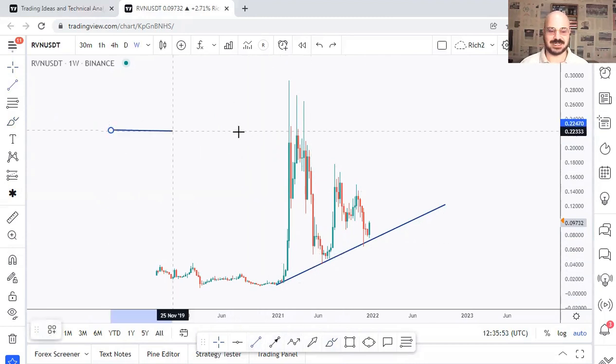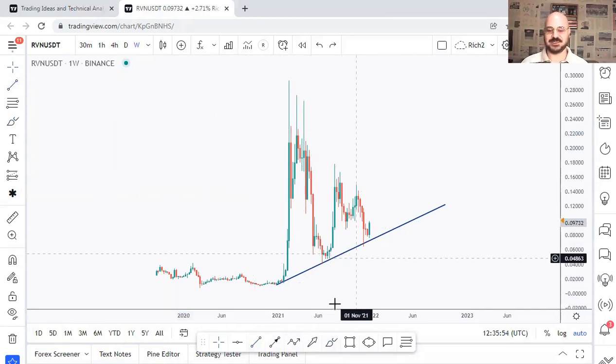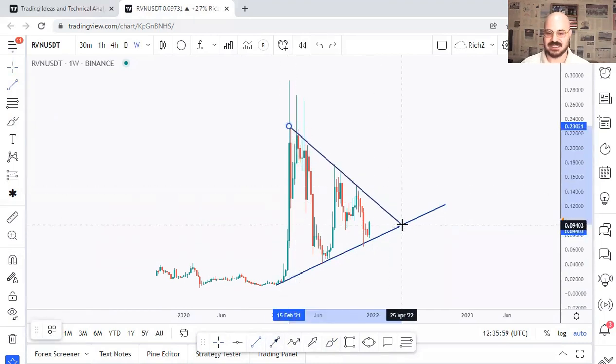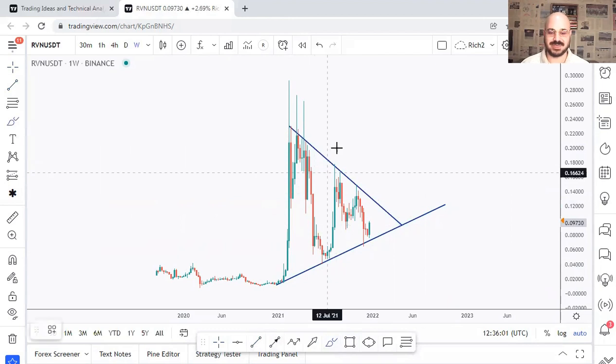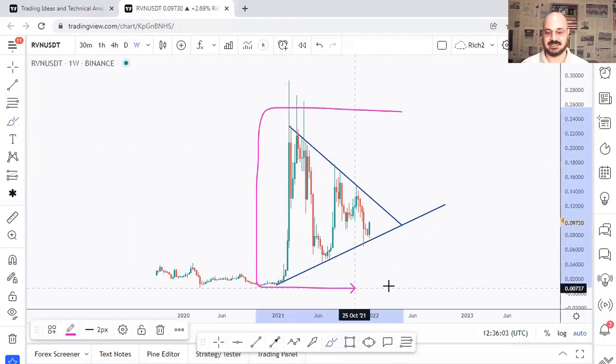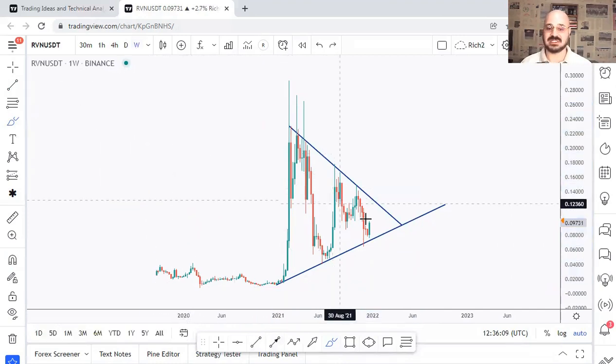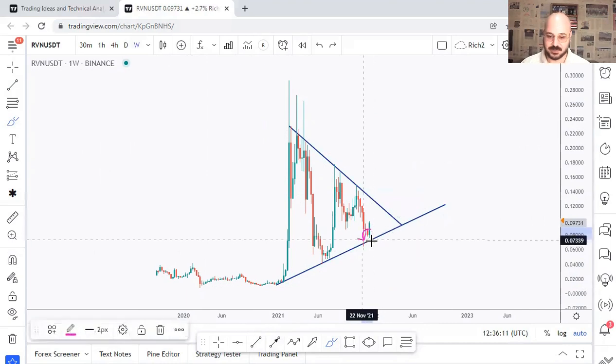We usually start by drawing our horizontal ones. But since we drew this one, and we also have a non-horizontal resistance here, right? So forming a giant symmetric triangle, and this is the weekly time frame. This is the power of starting from the higher time frames, because now we know that we're around a support area.